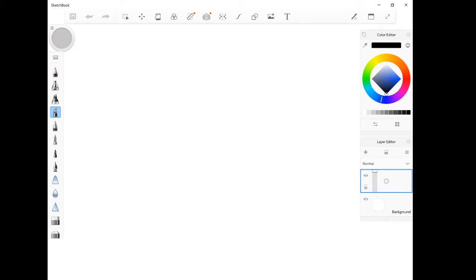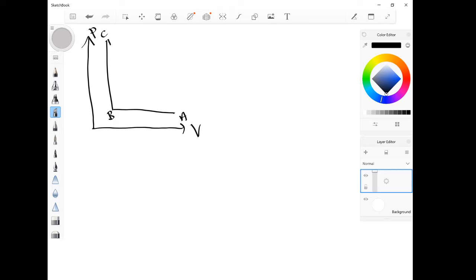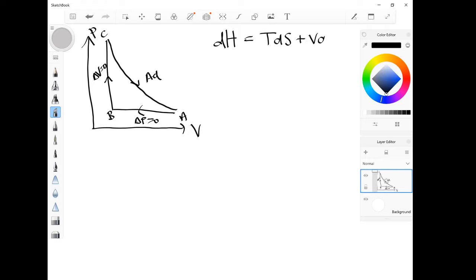So, to calculate, firstly, the Stirling cycle, we have the PV diagram, which is C, B, A. And so the change in enthalpy, dH, is equal to TdS plus VdP.